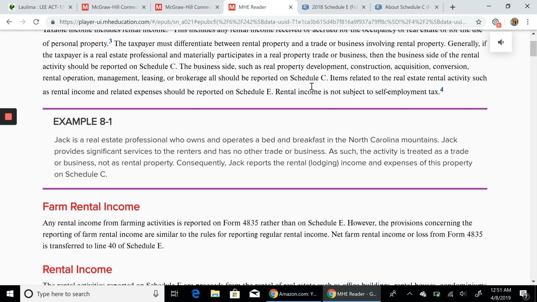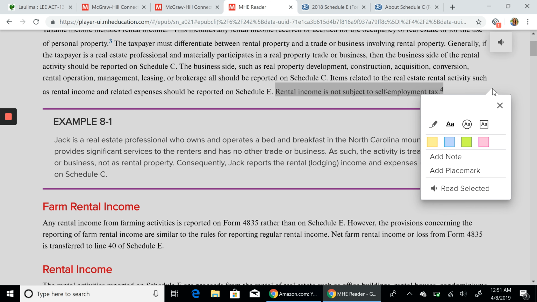Now, the big difference here is that on Schedule C, you pay self-employment taxes, which is Medicare and Social Security tax. They're called self-employment taxes, but every worker pays them. However, rental income is not subject to those self-employment taxes because it's not actually a business.